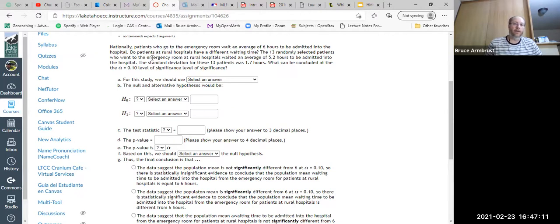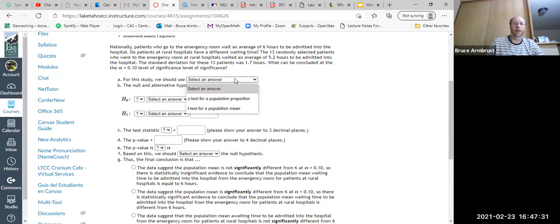So we want to know, do patients at rural hospitals have a different waiting time? We're going to look at 13 patients, with an average of 5.2. The standard deviation for these 13 patients was 1.7 hours. What can be concluded at the 0.1 level of significance?